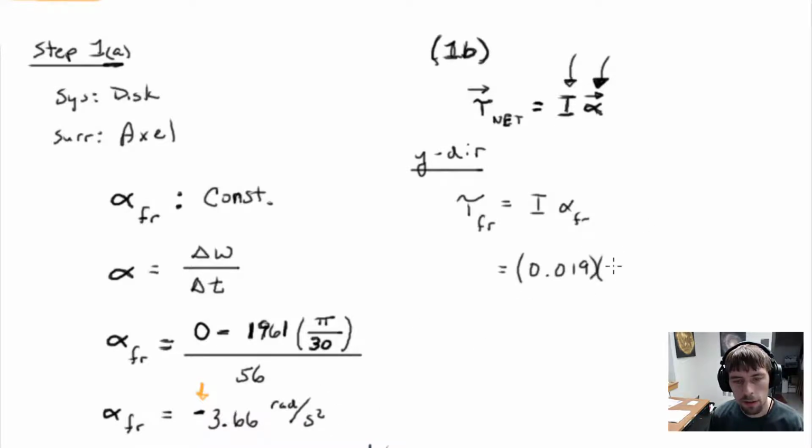You have a value for this, 3.66. And I'll put the negative sign out front. And so you get something, 0.019 times 3.66. There we are. I get something like the torque due to the frictional force is 0.070 Newton meters.